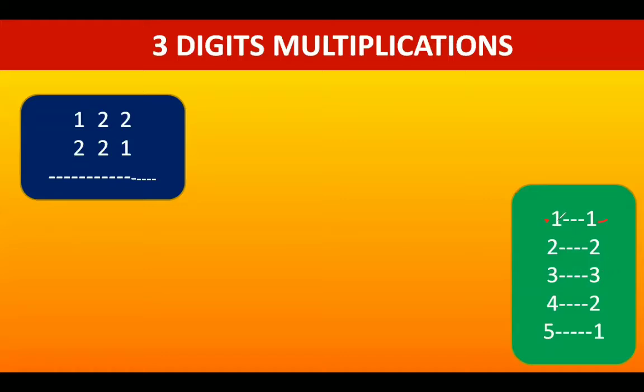Don't understand mistakenly: first step, first column; second step, not second column, but 2 columns. You have to multiply these 2 columns. Third step, you should multiply all 3 columns. Fourth step, you should multiply the last 2 columns. Fifth step, last column. So first you multiply the first column, then the first 2 columns, then all 3 columns.